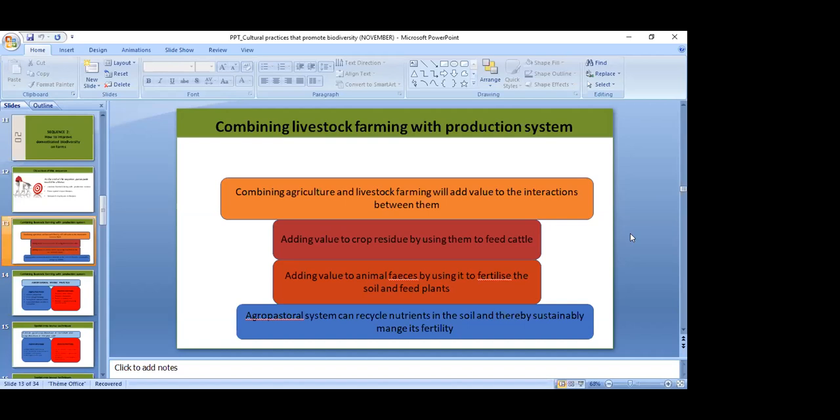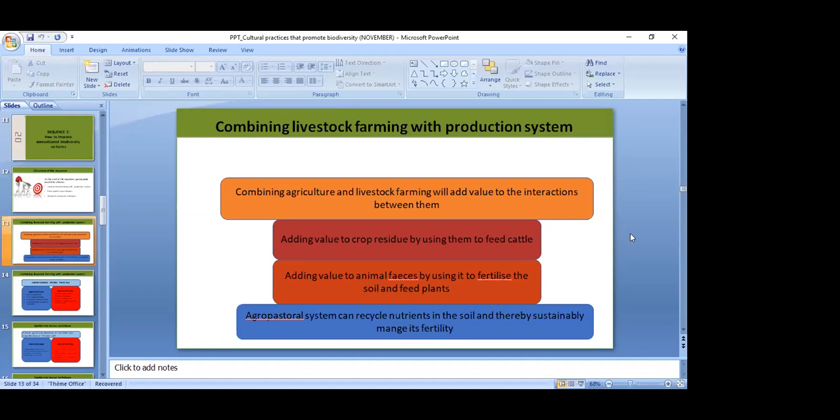It also has a way of improving the nutrients in the body of these animals, because an animal fed with feeds and an animal fed with plants have different nutrient composition. The animal fed with plants is always better than the one fed with feeds.